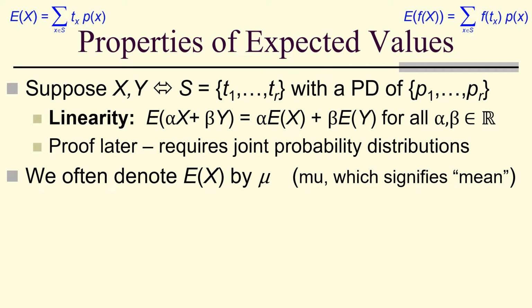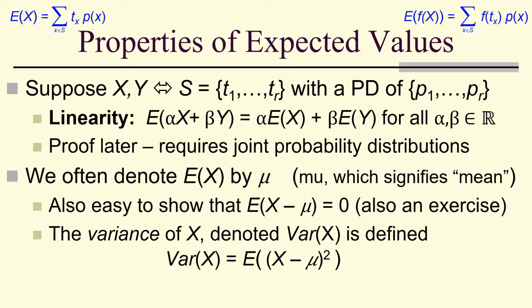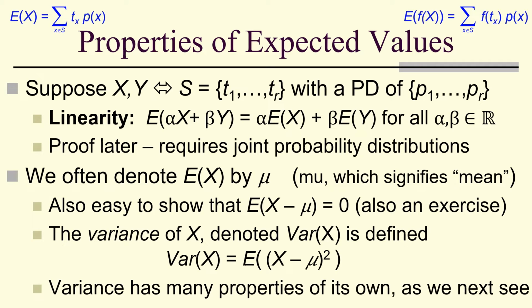Notice we often denote the expected value of x by mu, mu signifying a mean of some type. It's also easy to show that the expected value of x minus mu is 0. I'll leave that as an exercise. The variance of x, denoted var x, is defined to be the expected value of x minus mu quantity squared. And variance has many properties of its own, as we'll see next.